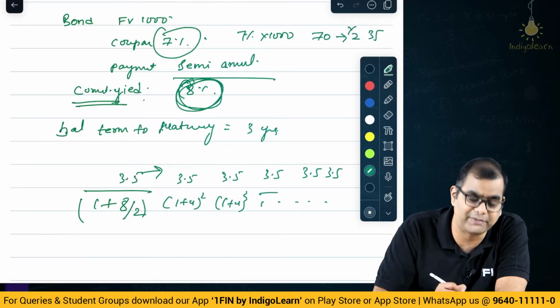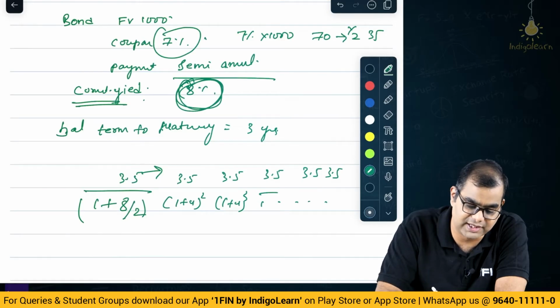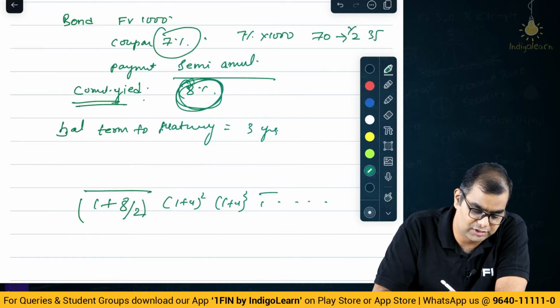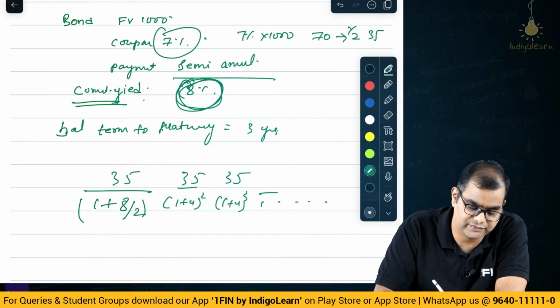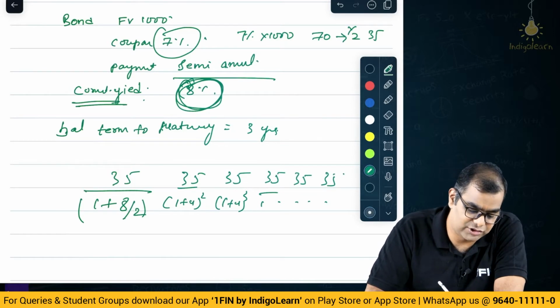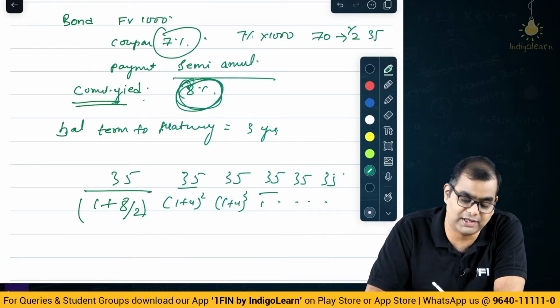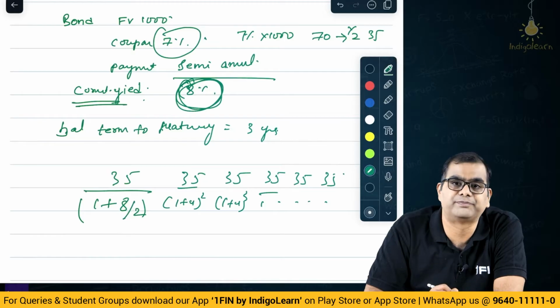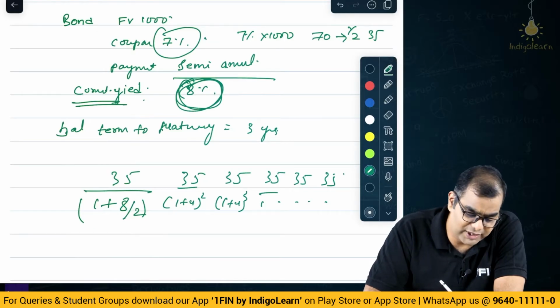So I should not even take 3.5 here, I should take 35. That is the right thing. So 35, 35, 35, 35, 35, 35. The coupon is 35 bucks. That 35 bucks you bring to present value by dividing it by 1 plus the yield divided by the number of periods per year. That is how you compute the bond value.